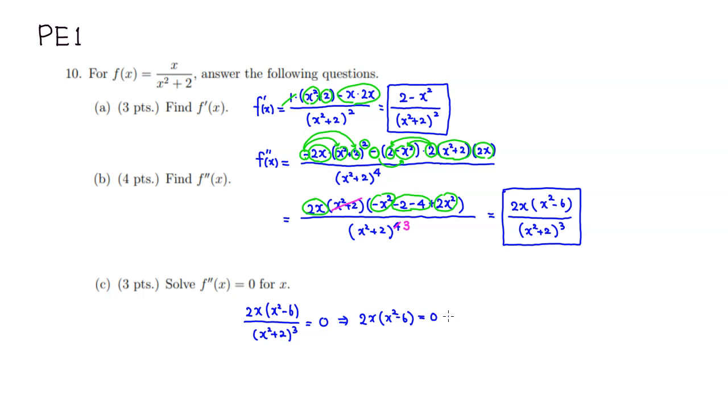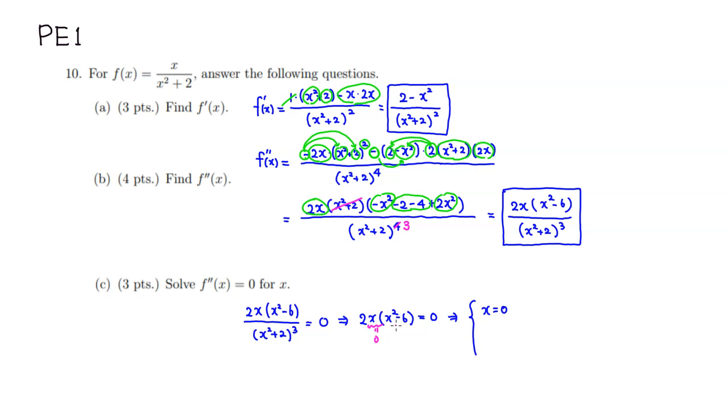We can make x equal to 0. 2 is never 0, so we can't do anything about that. But x could be 0, so that the product is 0.